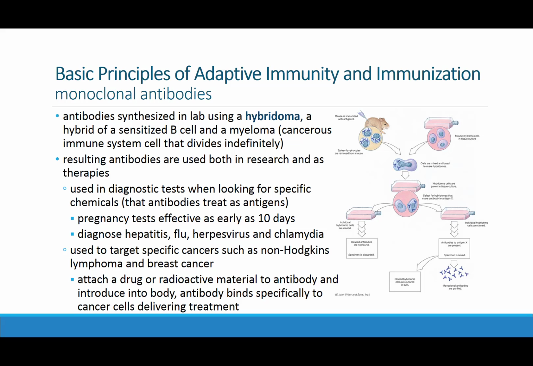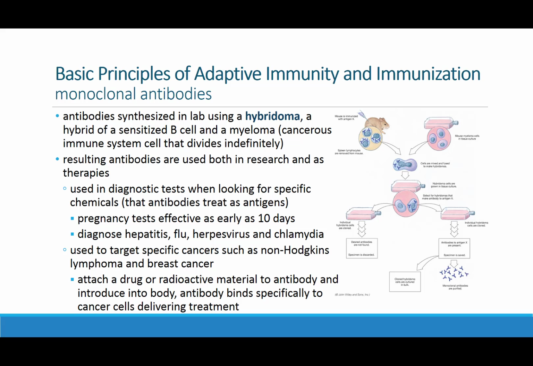So what are some ways that antibodies can be produced in the lab or for therapeutic use? We do this by producing in the lab a cell called a hybridoma. It's a hybrid of a B cell that's been sensitized to a particular antigen, and a cell called a myeloma. These are cancerous immune system cells that are kept in cultures in labs.